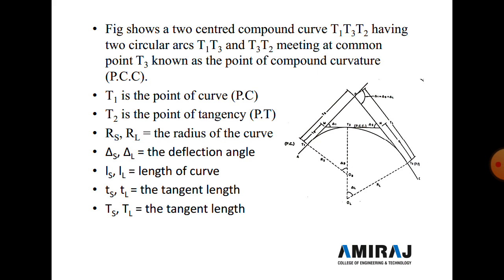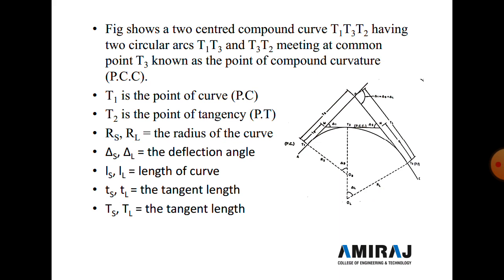RS and RL are the radii of the curvature. RS means short radius and RL means long radius.